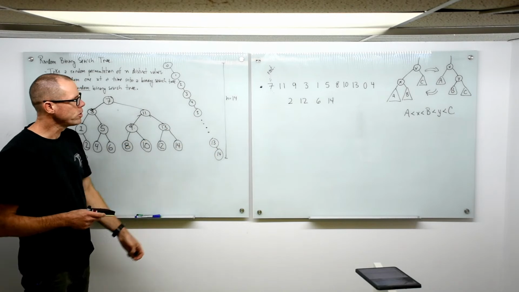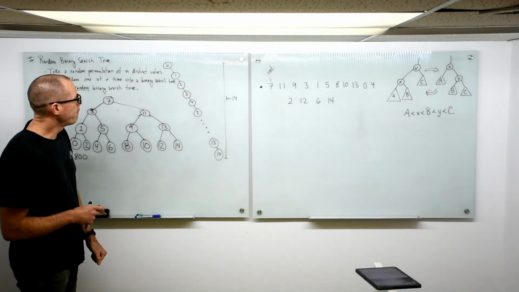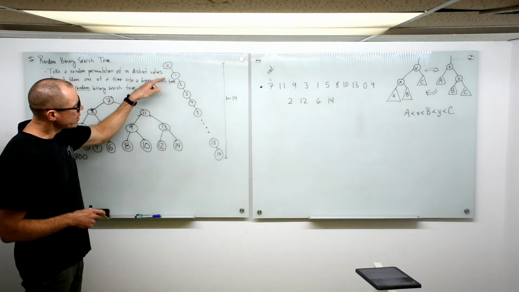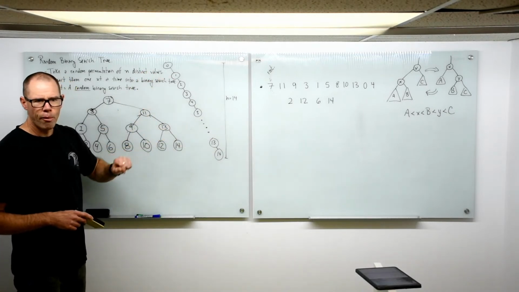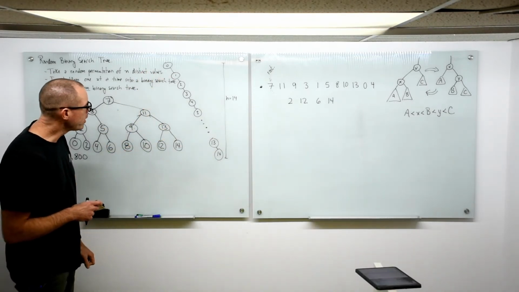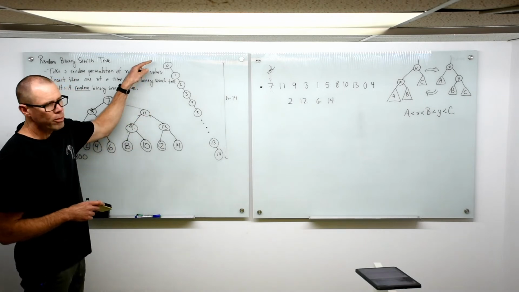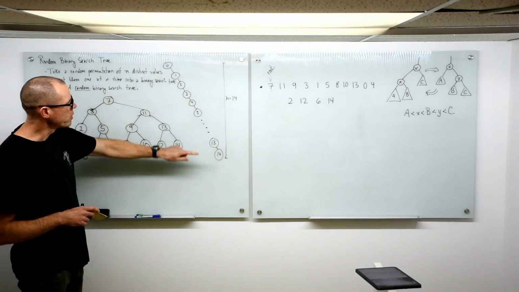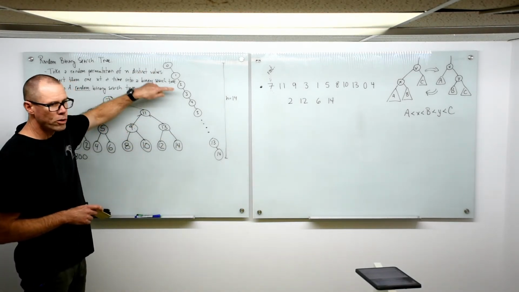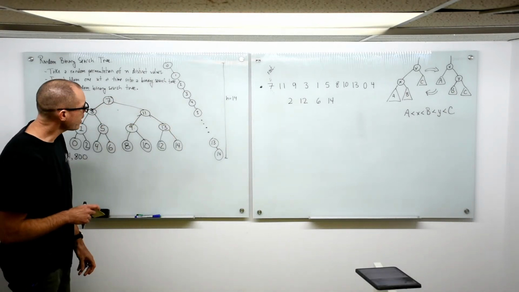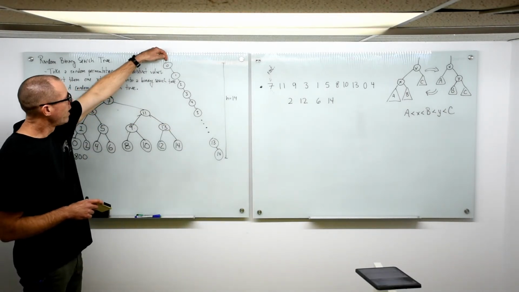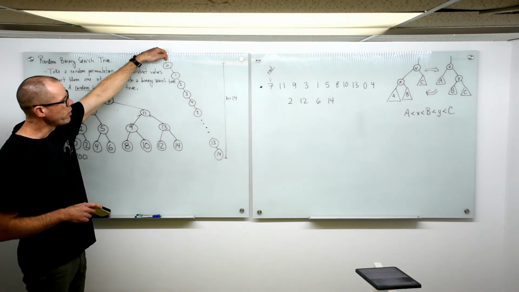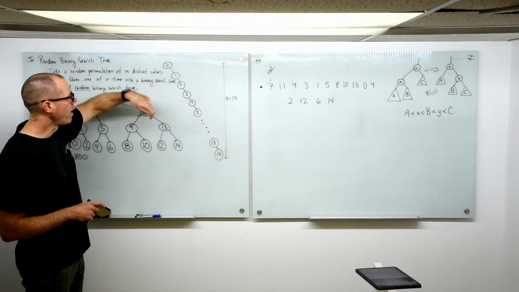So there are no left children. And it's also possibly a random binary search tree, meaning if I give you the right permutation of these numbers, then this is the search tree that you'll get, and it'll only take you a few seconds to think about what the right permutation is.